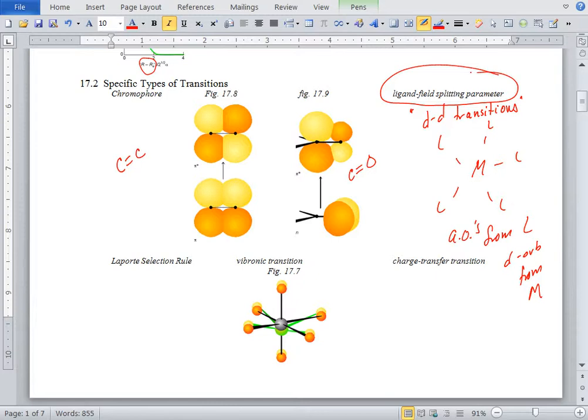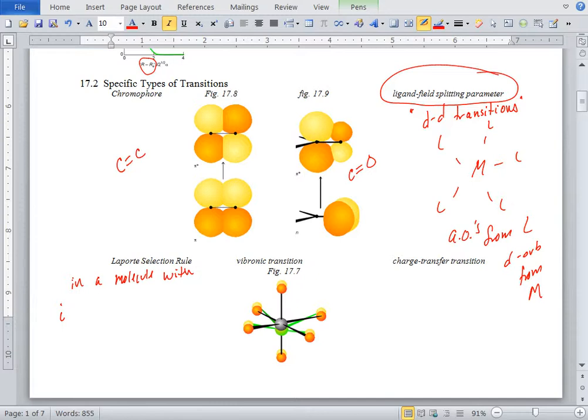Anyway, whatever. So the Laporte selection rule, I think, is kind of interesting, though. In a molecule with, let's see if I can avoid having to write this word, this symbol is for what type of symmetry operation? Little i.